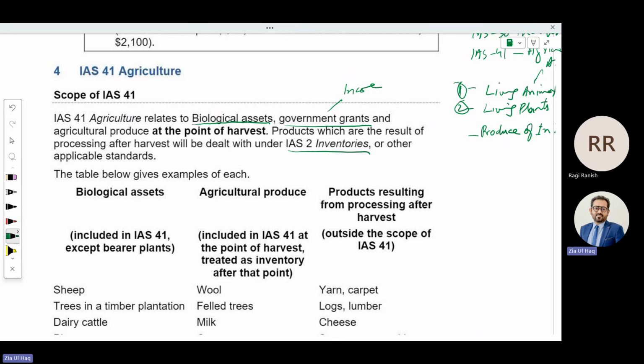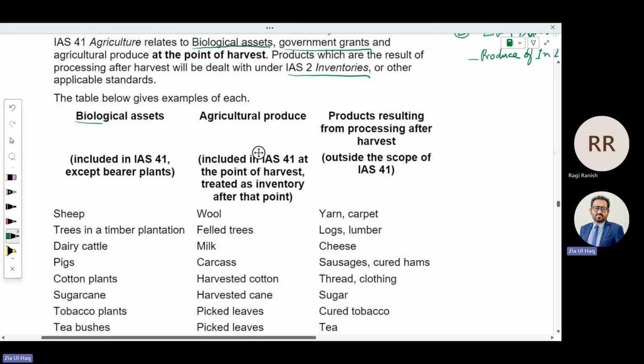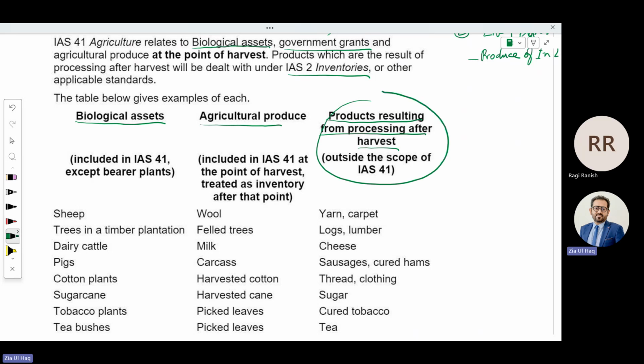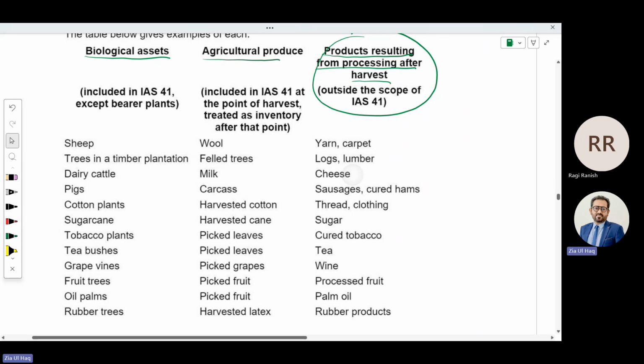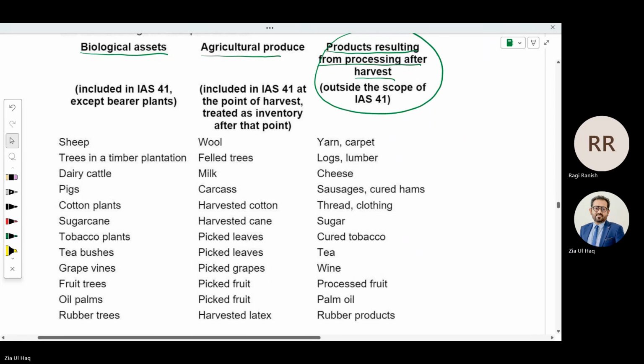The table below gives examples of each biological asset, agriculture produce, and products resulting from processing after harvest. Cheese from milk is outside the scope of IAS 41. What are biological assets? Sheep, trees, dairy cattle, pigs, cotton plants, sugarcane, tobacco plants, tea bushes, grapevines, fruit trees, oil palms, rubber trees.